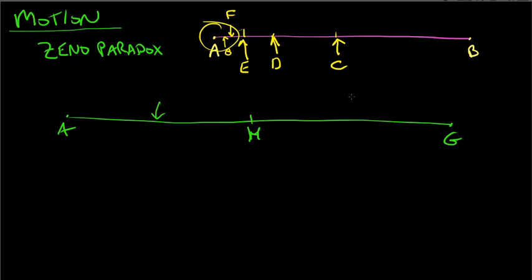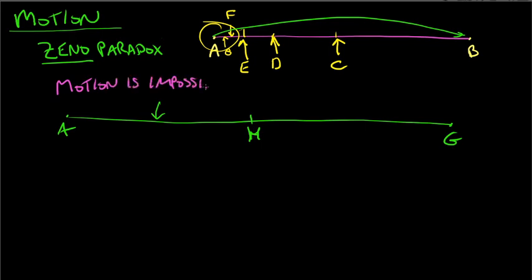Obviously there's no end to them. They keep going forever. So how long does it take to get from point A to point B? Well, you have to go through an infinite number of points. So it's going to take forever. So according to Zeno, motion is impossible. You can't get anywhere.